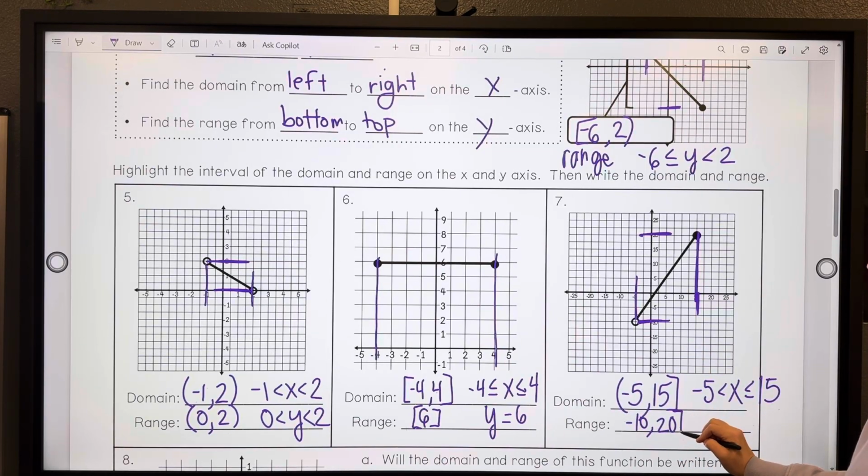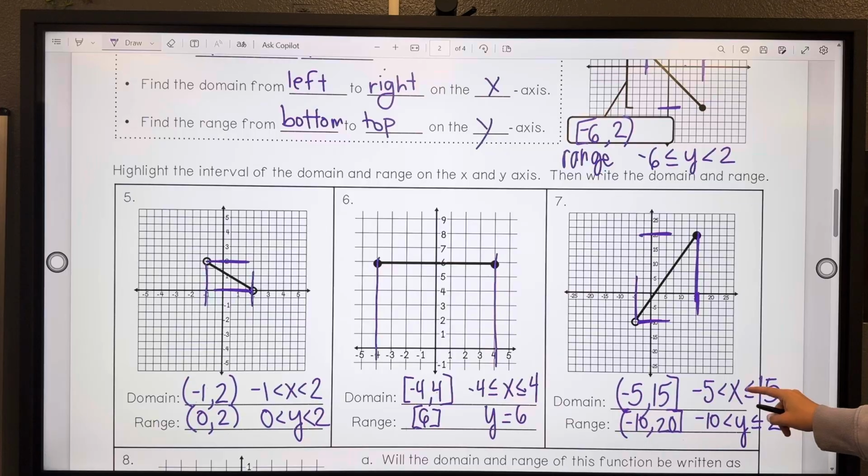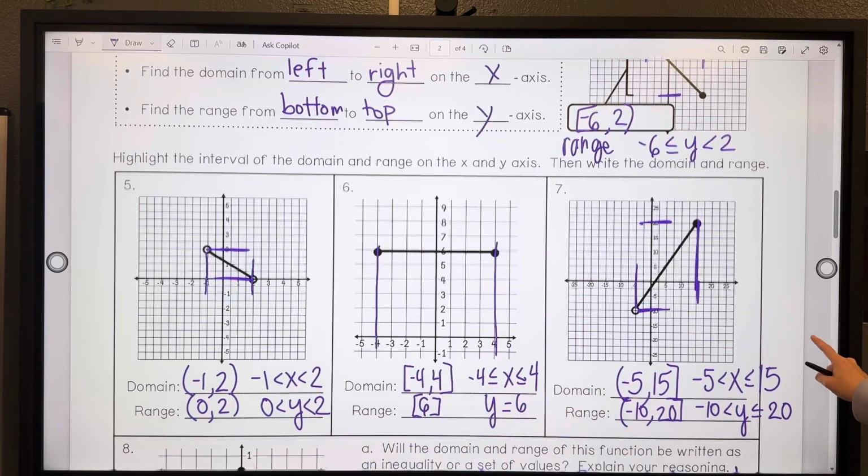The 20 has the closed circle, negative 10 has the open circle. So negative 10 is less than y is less than or equal to 20. All right, notice x is here, y is here, because my domain is only x values, range is only y values.